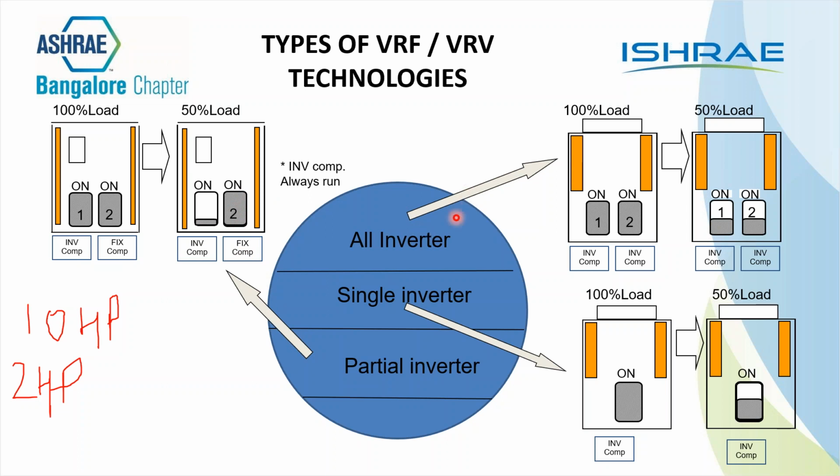And then you have something called an all inverter machine, where with the similar example of 10 HP, you will have 2 compressors of 5 HP each. And if you are running on a partial load of 3 tons, both the compressors will run at 1.5 tons each, so that the wear and tear is uniform and there is no spike in higher temperature or lower temperature, etc. So it maintains a constant speed, and it is like sharing work.